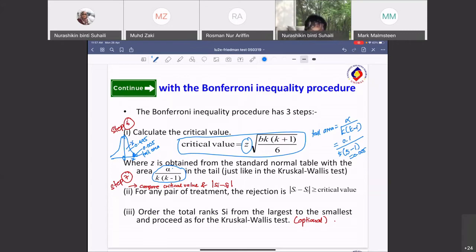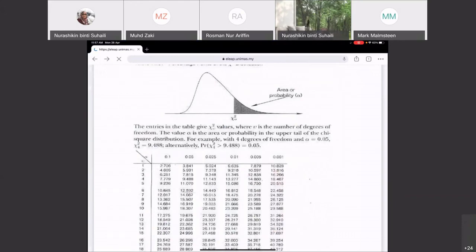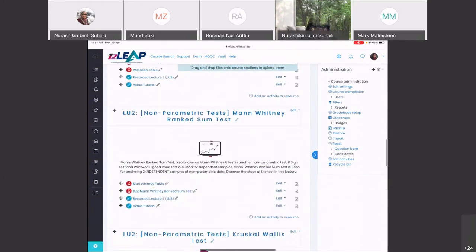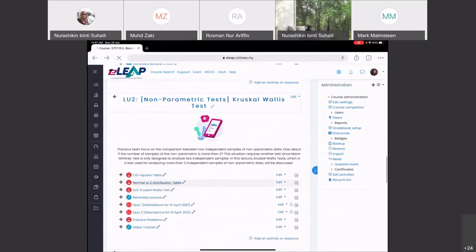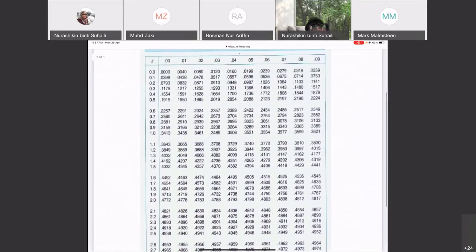Okay, let's have a look at the Z table. So the way you find it, because inside here is the area, the Z is the first column, you can see, right?